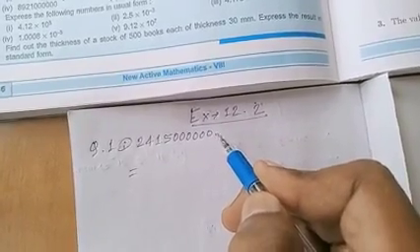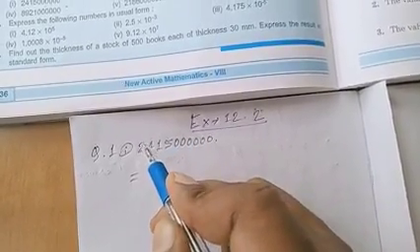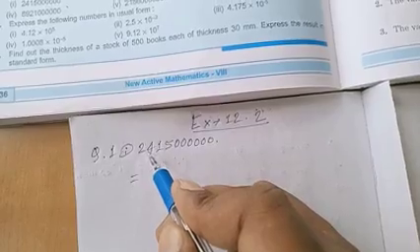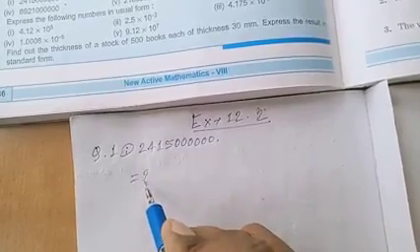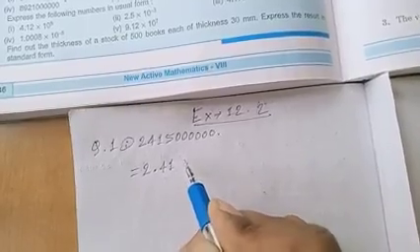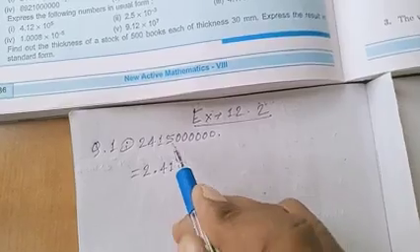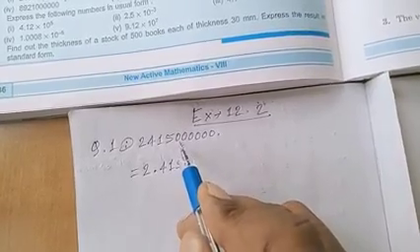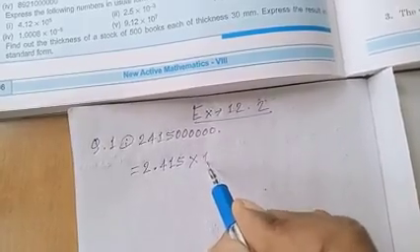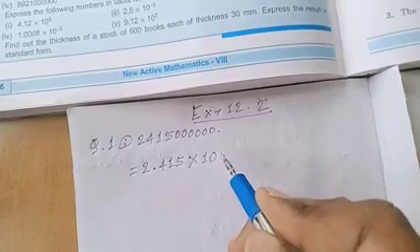So how to write this number in the standard form? You will have to shift the decimal to the place just after the first digit. So you will get 2.415. Since the non-zero digits are over here, we will not write all those remaining zeros, and then you write multiplied by 10 raised to the power.